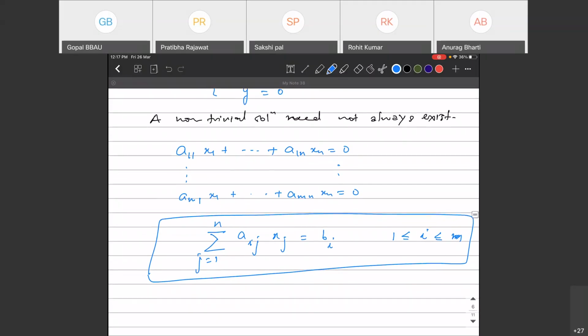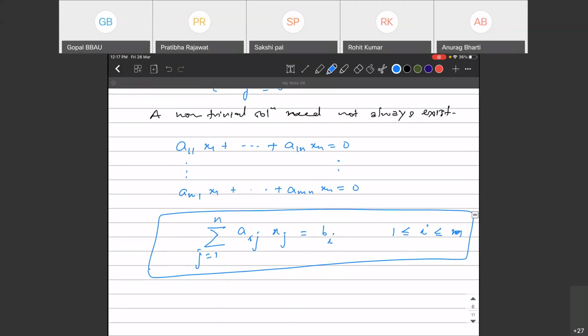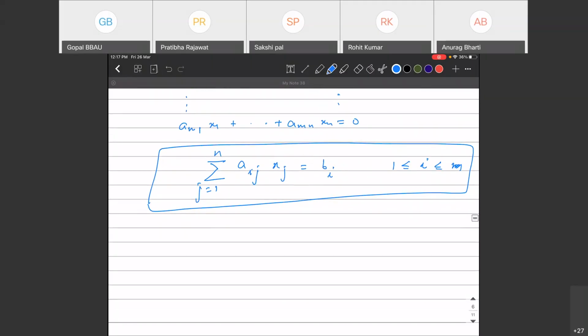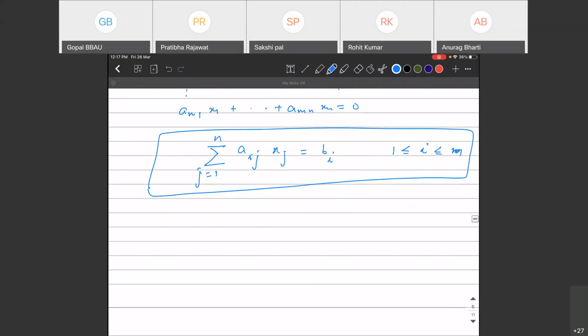If we have this system, let's see the structure of the solution set. If we have a non-trivial solution, then what can we say about other solutions? Suppose we are in R3, the largest dimension where we can see things.